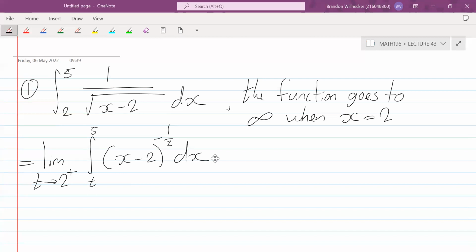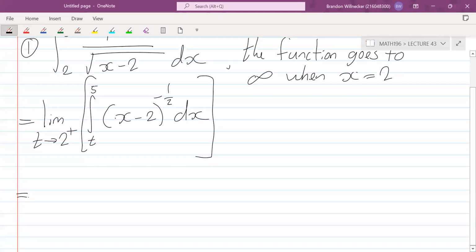Since the asymptote is on the left-hand side of our area, the limit is t approaches 2 plus, because we're going from the right. Now this is just a standard integral to do. Just ignore the limit for now. We do this definite integral, and then we take the limit.